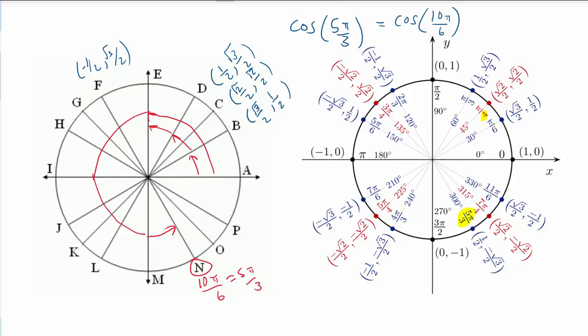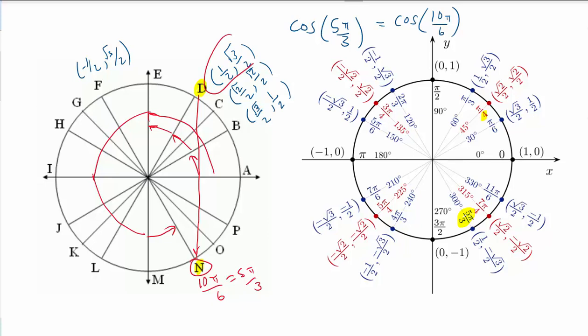So then, since point N has some symmetry properties related to point D, right? Point N is the same thing as point D, except moved directly down. So it'll have the same X value, and it'll have almost the same Y value, except negative. And that's because this distance here is the same thing as this distance here. So they'll have the same Y value, except it'll be negative since we're in quadrant 4.